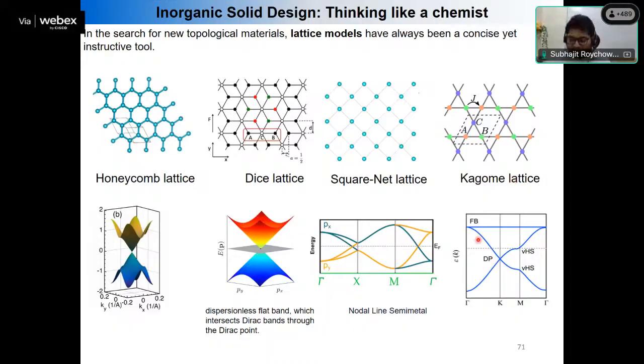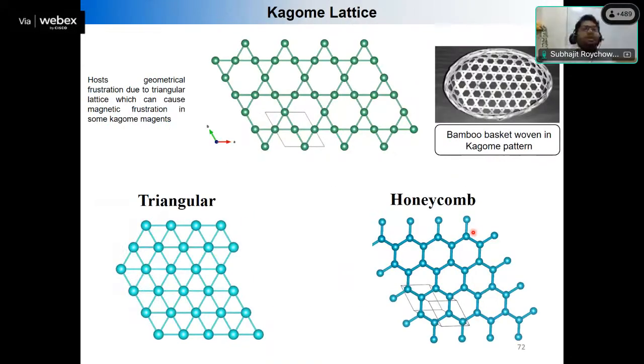What is the importance of the Kagome lattice? First, let's understand the Kagome lattice crystal structure. The Kagome name came from the bamboo basket woven pattern in Japan. You can see here it is a combination of a triangular lattice as well as a honeycomb lattice.